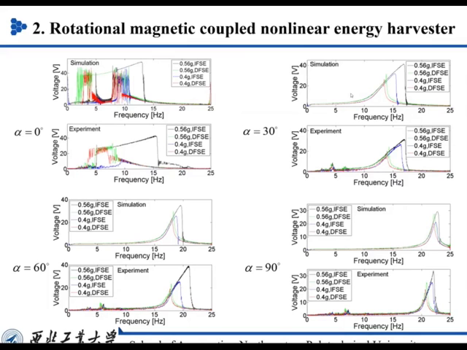And we also see there are some multi-solution ranges. That means if we change the frequency sweep direction, it may work on the high energy orbit or the low energy orbit.